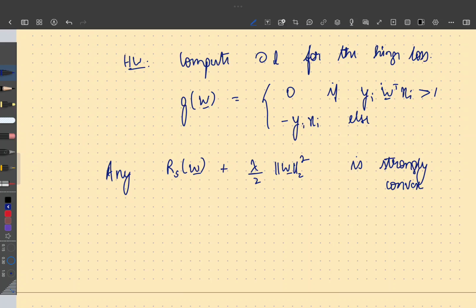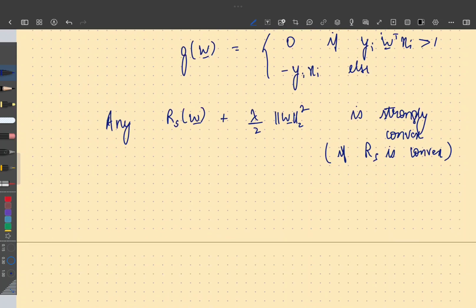All right. So this is a regularization term, or the L2 regularizer.